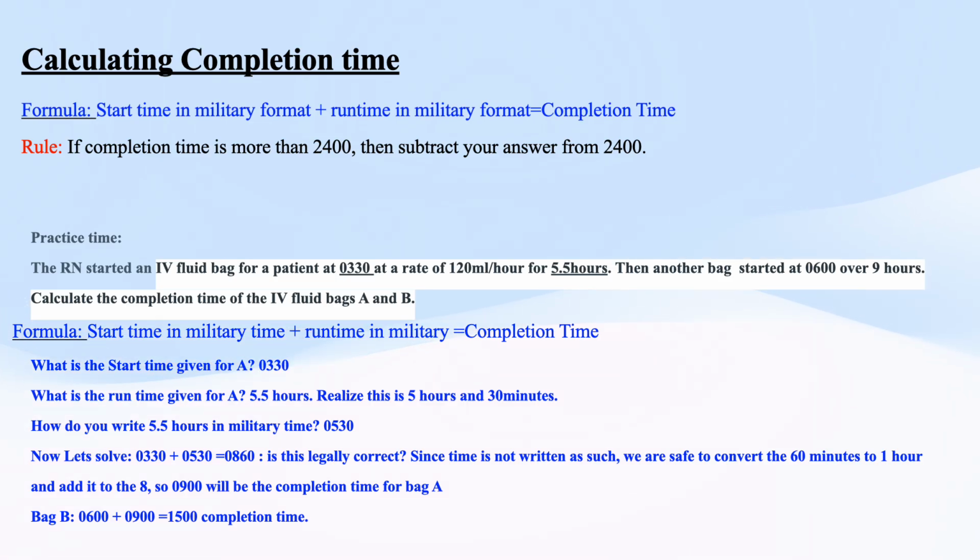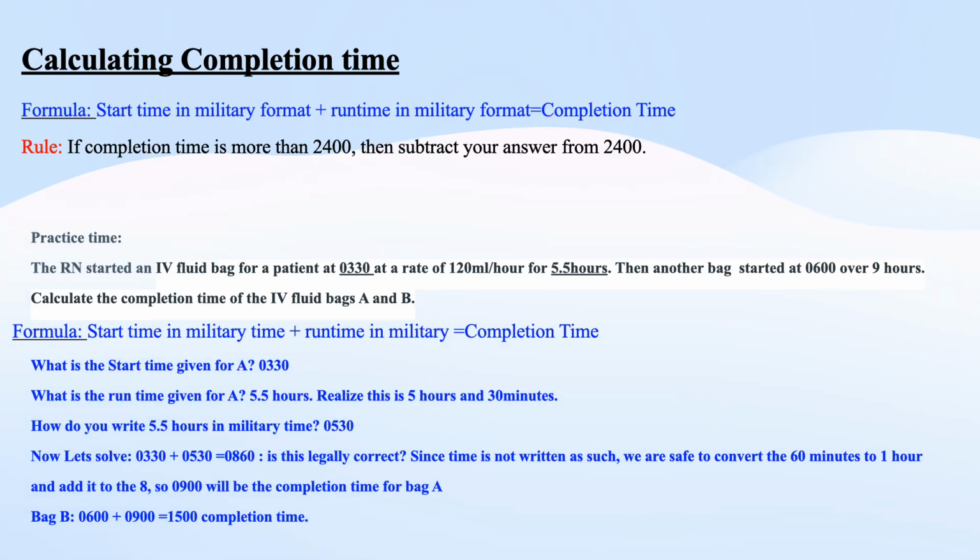It sounds simple, right? Well, not so simple. There are times when we have numbers that are greater than 2400. If your completion time ends up greater than 2400, subtract 2400 from your answer and it will give you the exact finishing time.